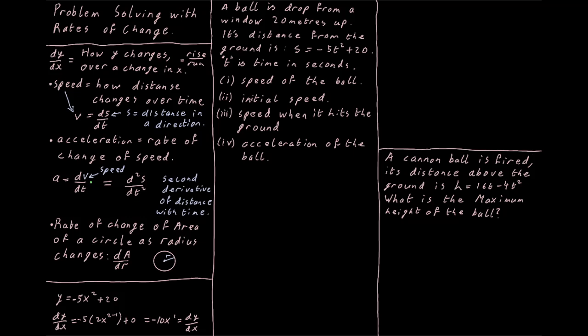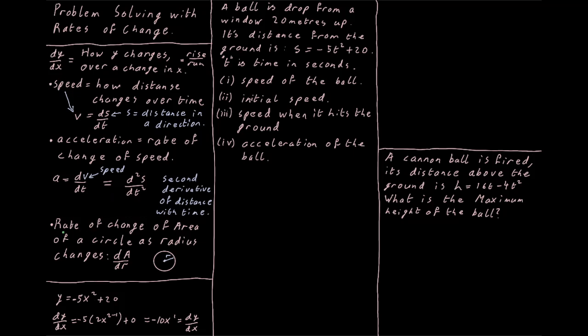And if we think about our derivatives, that means this is the derivative of our distance. So the acceleration is also the second derivative of our distance. So if they give us a formula for the distance in our questions, we could take the derivative of it twice. The first time we get the speed, and the second time we get the acceleration.